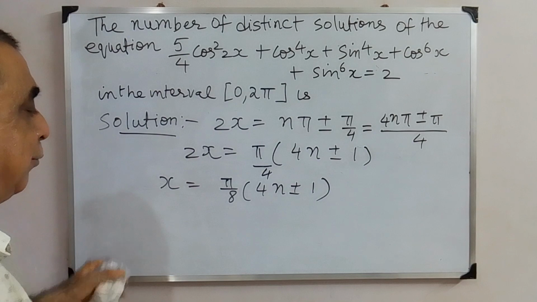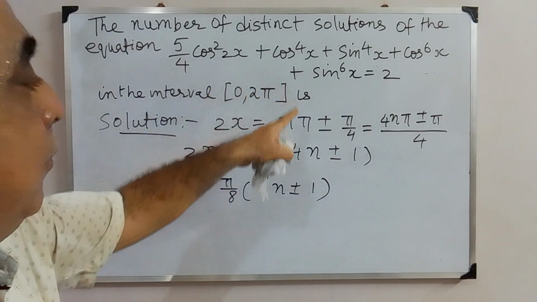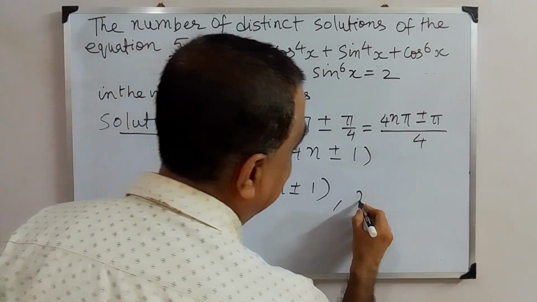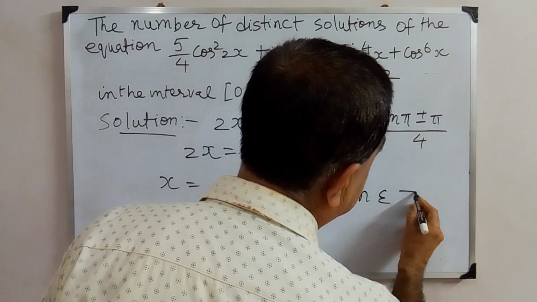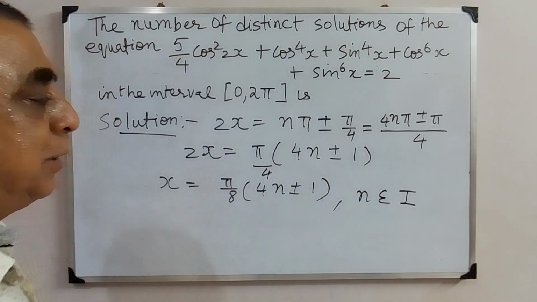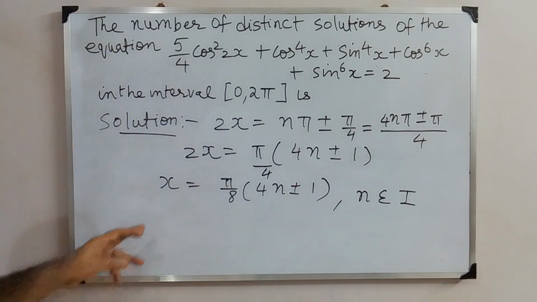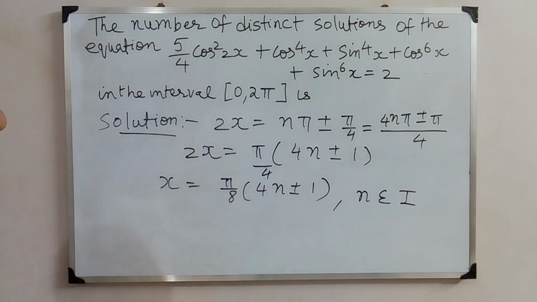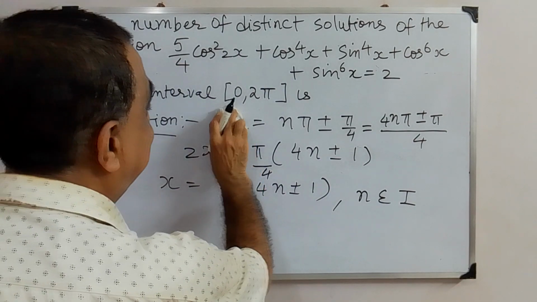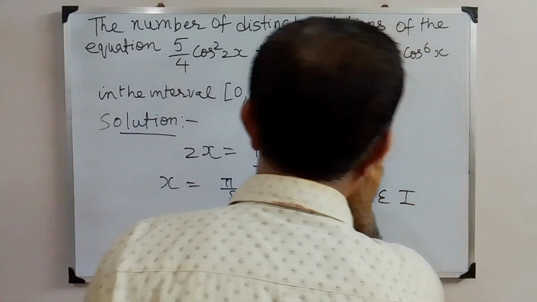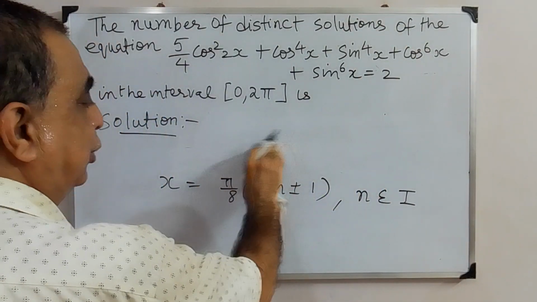Now we have to find the value of x which will satisfy this relation, and here n is what? n is an element of integers, that means positive and negative whole numbers. So now we will put the values of n as integers and check which values of x are satisfying this relation.